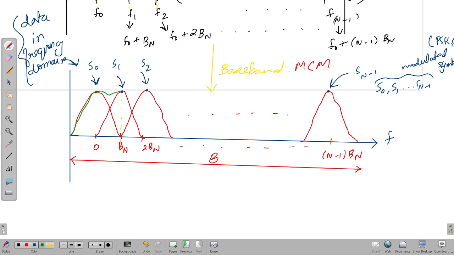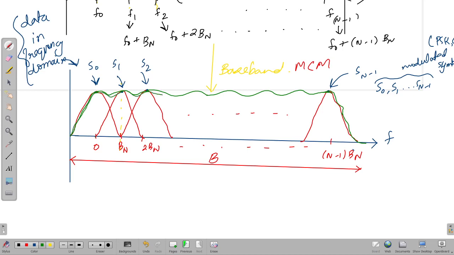This happens at every center frequency. Only that signal will have value at that point. All the other subcarriers will be 0. And the signal would look like this. So typically an OFDM signal will look like this.